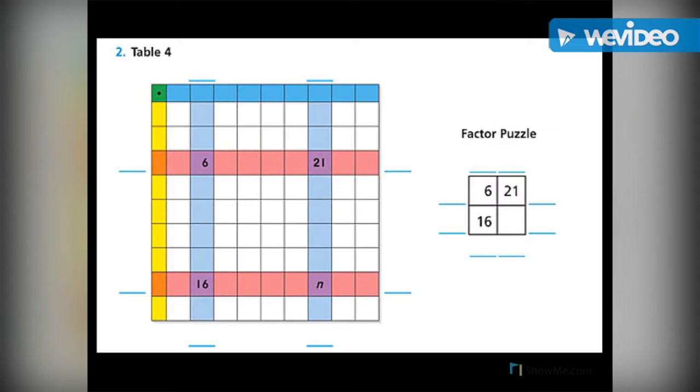All right, let's look at table 4, which is problem number 2.